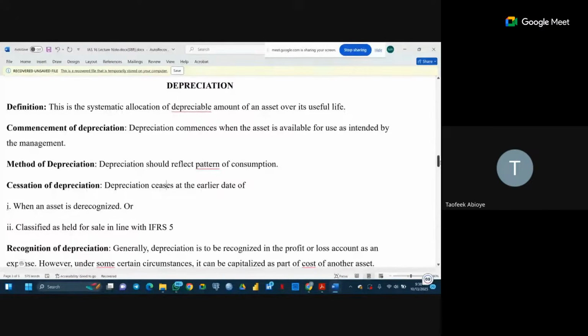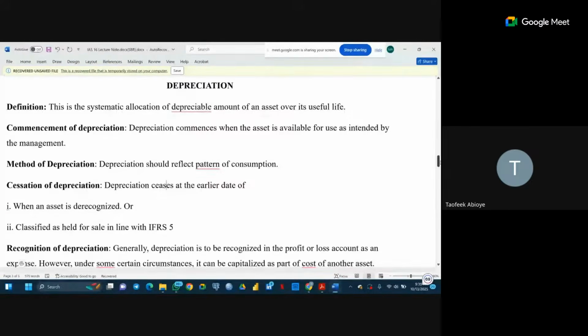So if you can see it now, when we are talking about when we can cease depreciation under IAS 16, we made mention of when an asset is classified under IFRS 5, which is non-current asset held for sale and discontinued operation. The moment you classify a particular asset under IFRS 5, one of the steps that we follow is the cessation of depreciation, followed by representing the asset in a separate line under current assets, and categorizing the asset as a current asset as well.